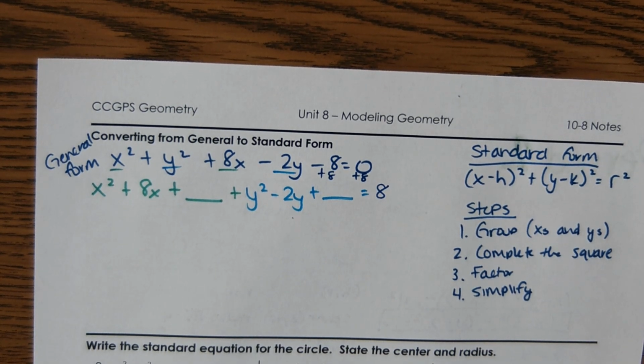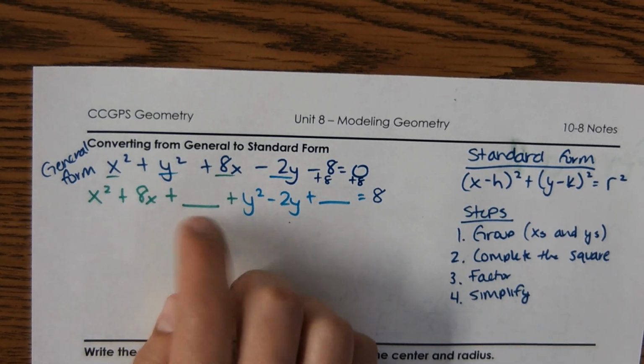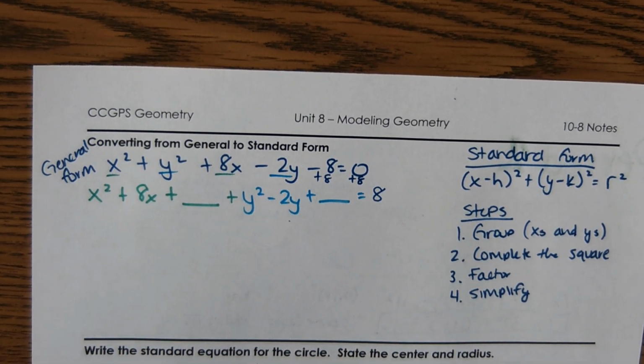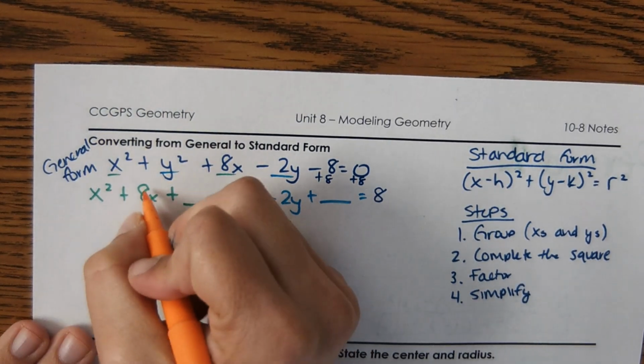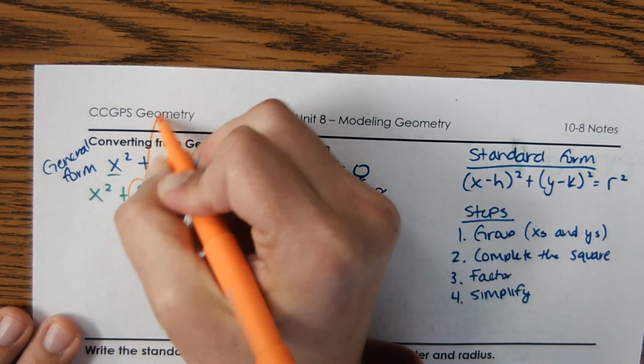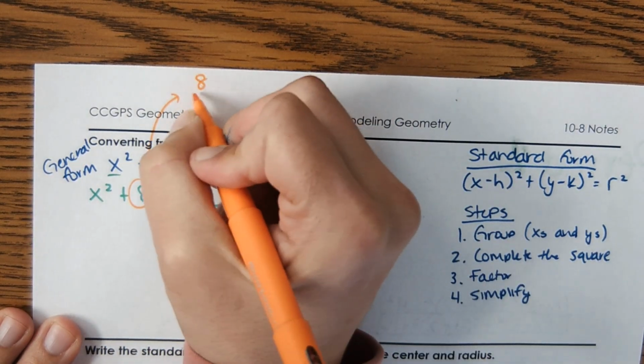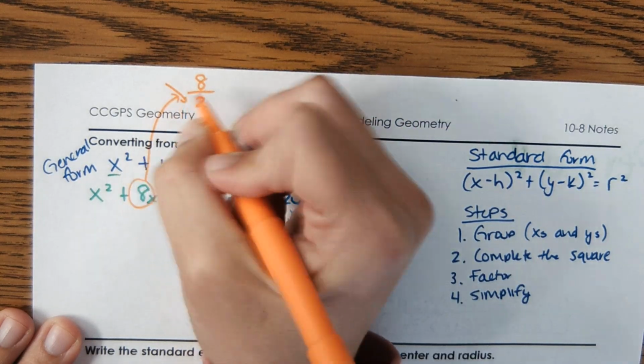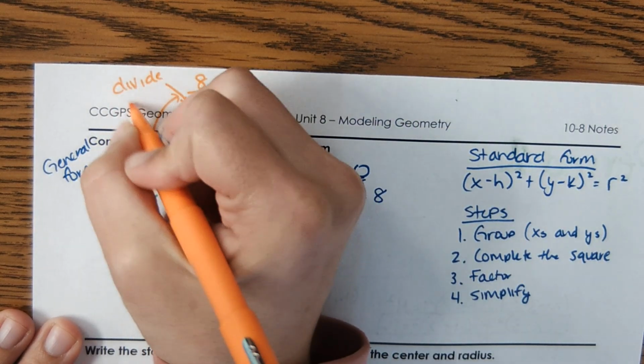Okay, now what? Okay, so next step, we have to figure out what goes in this blank. And again, it'll take a question or two to get the hang of this. To figure out what goes in this blank, we're going to complete this square. So we're going to take this number, 8, and divide by 2.